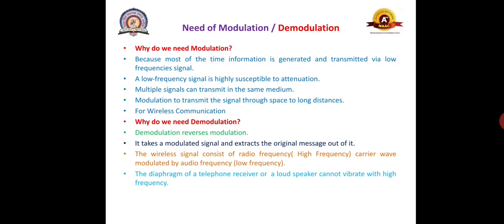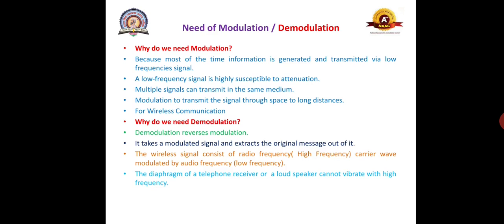Now let us discuss the need of modulation and demodulation. So why do we need modulation? As you know, communication generally happens with low frequencies, and a low frequency signal is highly susceptible to attenuation.